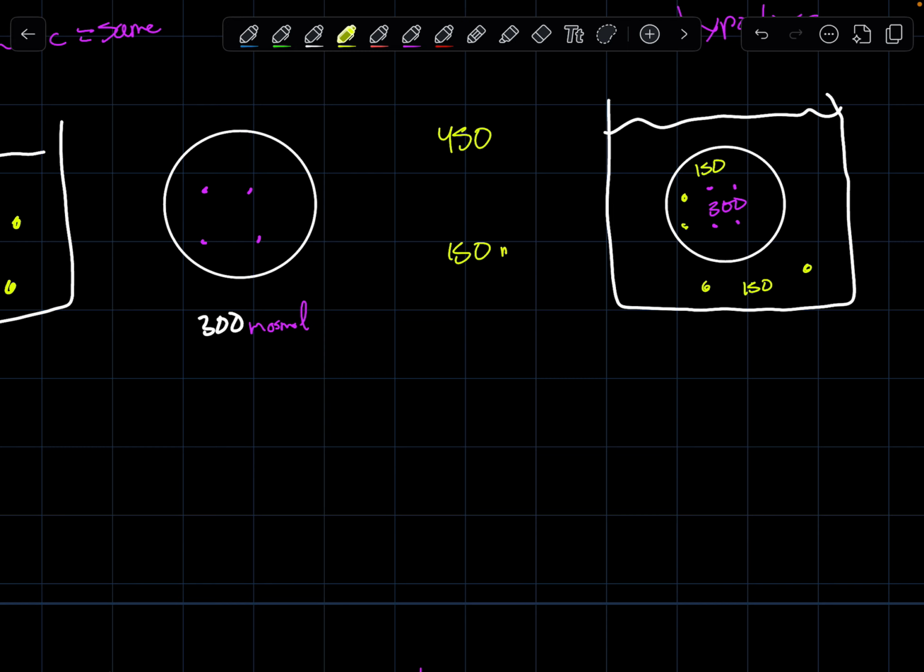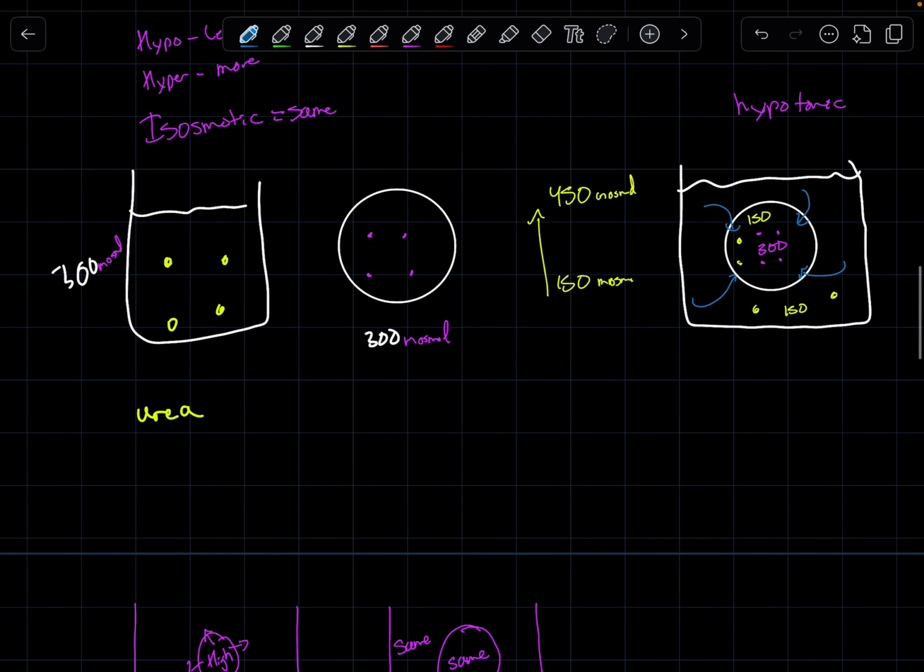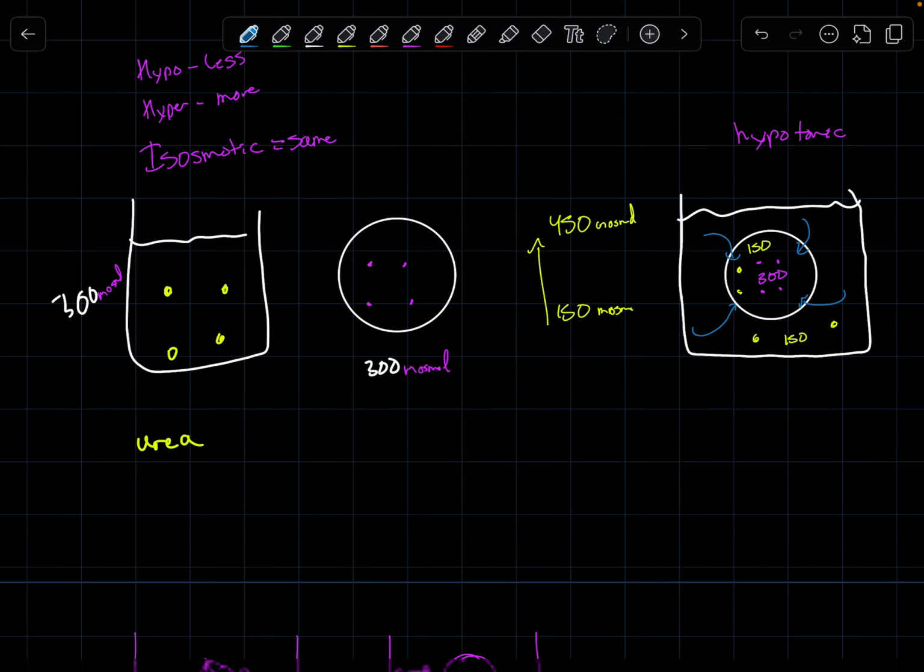Now this is basically concentration. If there's 150 milliosmol outside and 450 milliosmol inside, that means water is going to move towards the more concentrated portion of this diagram. So water is going to enter the cell, swelling it and making it expand.